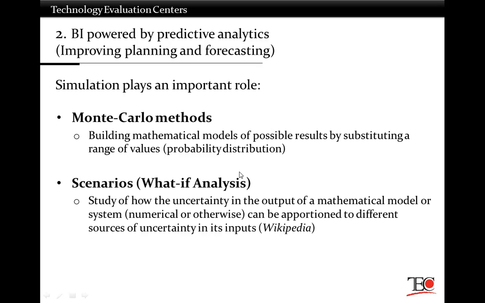We use mostly probability distributions for this. On the other hand, we have what we call what-if scenarios, which consist of studying how uncertainty on the output of a mathematical model or system will vary according to different inputs and applying certain conditions of uncertainty on the system.